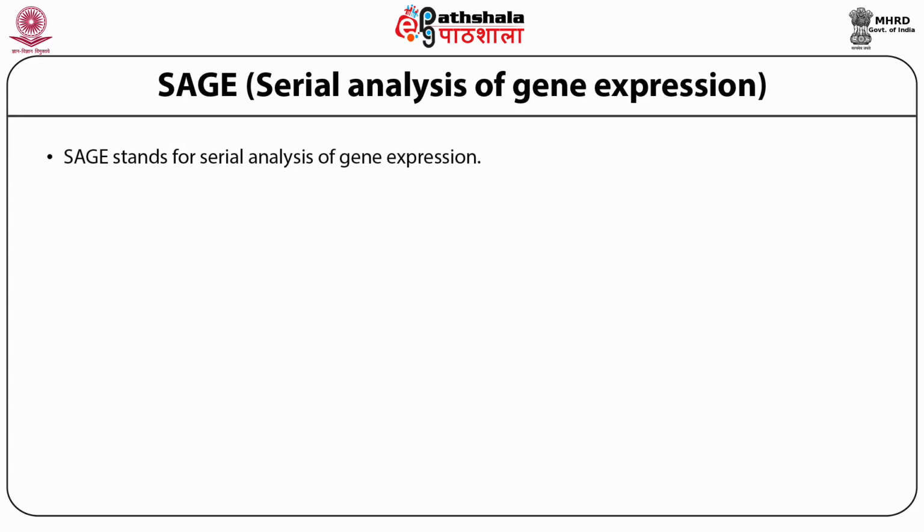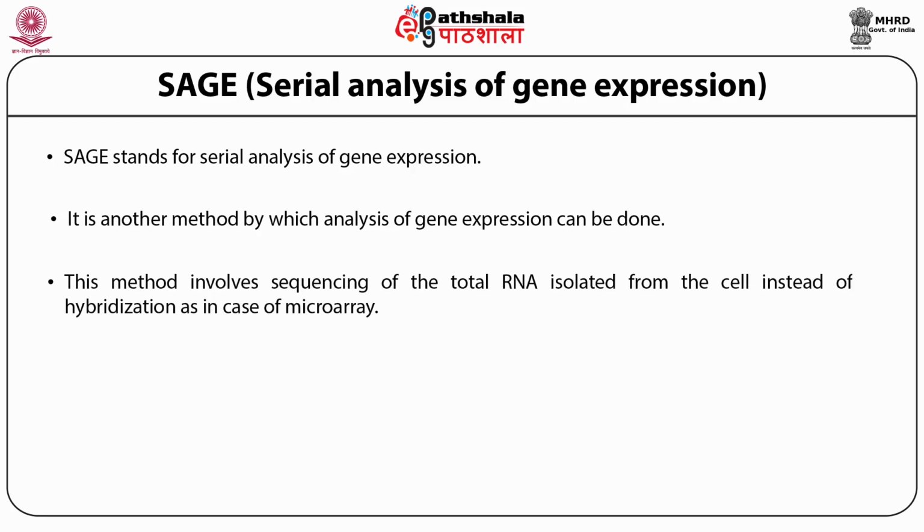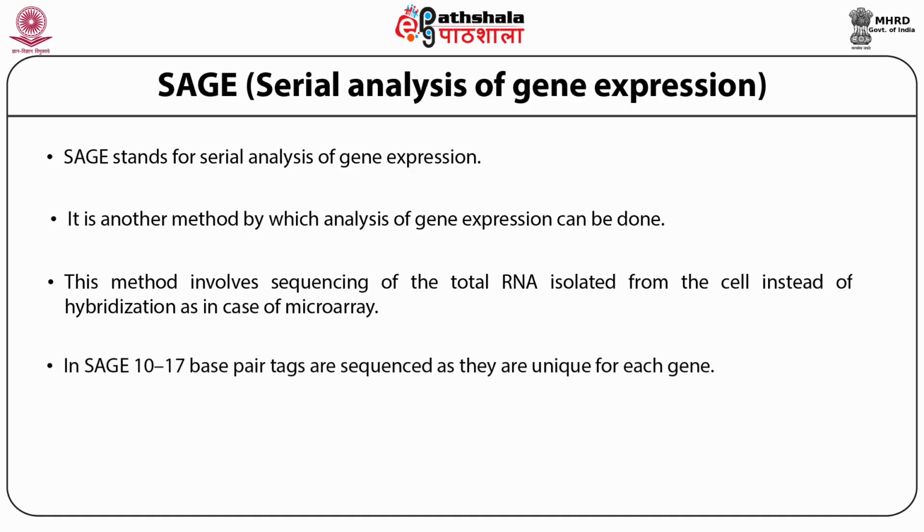SAGE, which stands for Serial Analysis of Gene Expression, is another method by which analysis of gene expression can be done. This method involves sequencing of the total RNA isolated from the cell instead of hybridization, as we have seen in the case of microarray. In SAGE, 10 to 17 base pair tags are sequenced as they are unique for each gene.